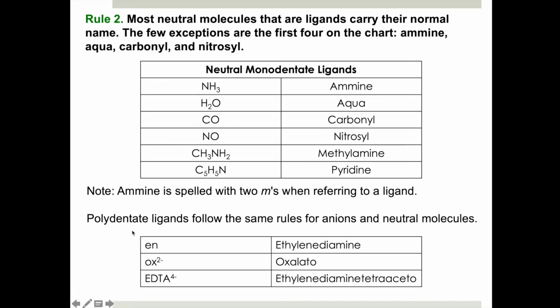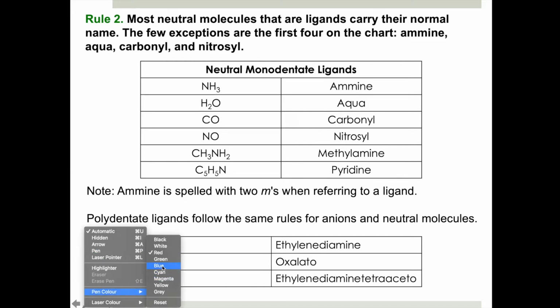Other than that, we have polydentate ligands, which follow the same rules for anions and neutral molecules. En is ethylenediamine, and oxalate is C2O4 2 minus. So let me write down the formula.